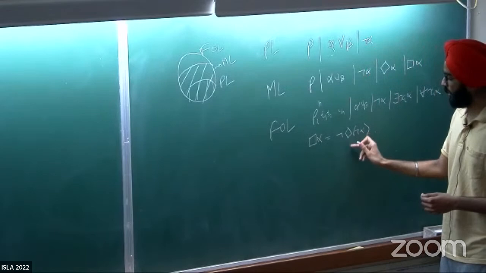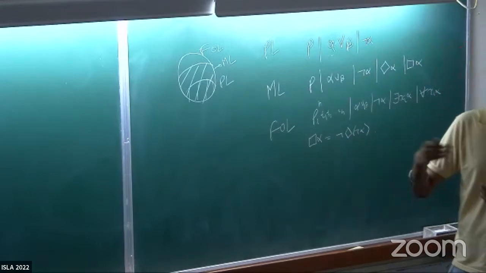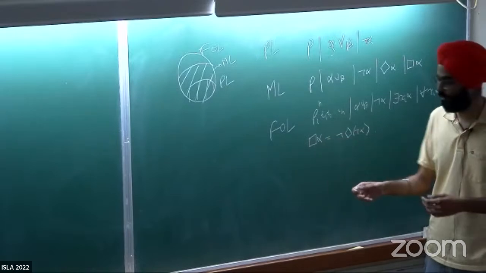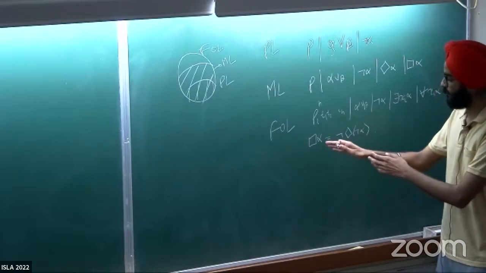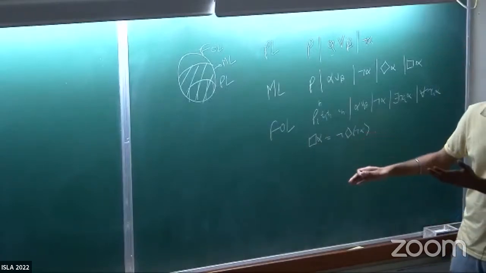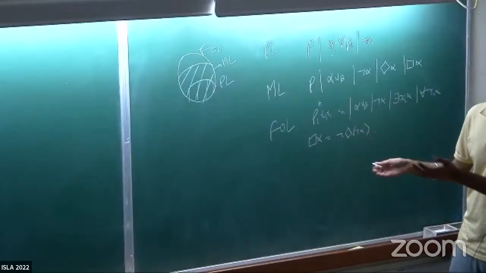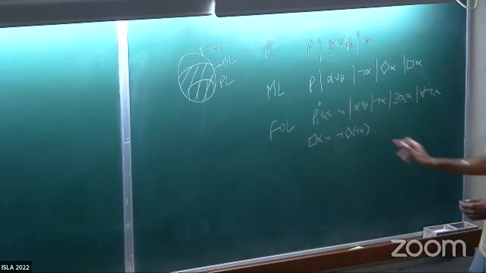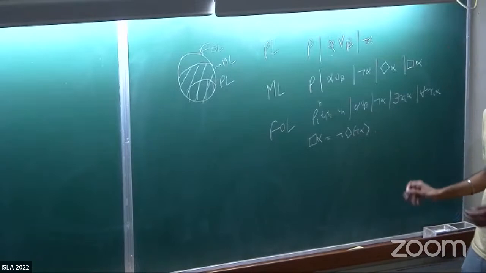The modality diamond means that it is possible that alpha, and box means that it is necessary that alpha. It is necessary that alpha can also be read as it is not possible that alpha is not there. So this is box alpha and not diamond not alpha.